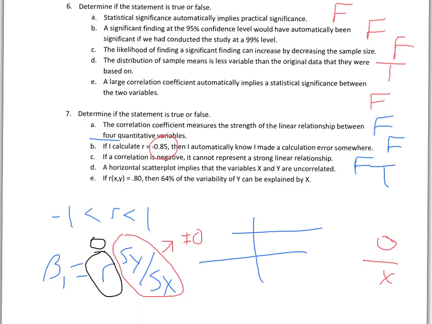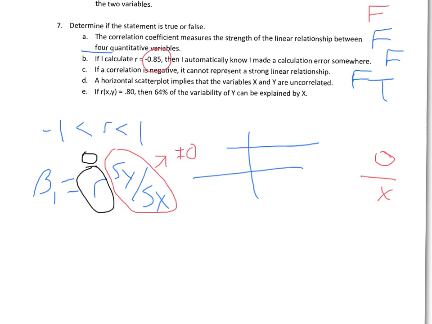Now for E, this is also true. The difference here is something that you guys kind of botched on the test a little bit later on. But the amount of variability that's explained by your model is your r squared value, not your r value.